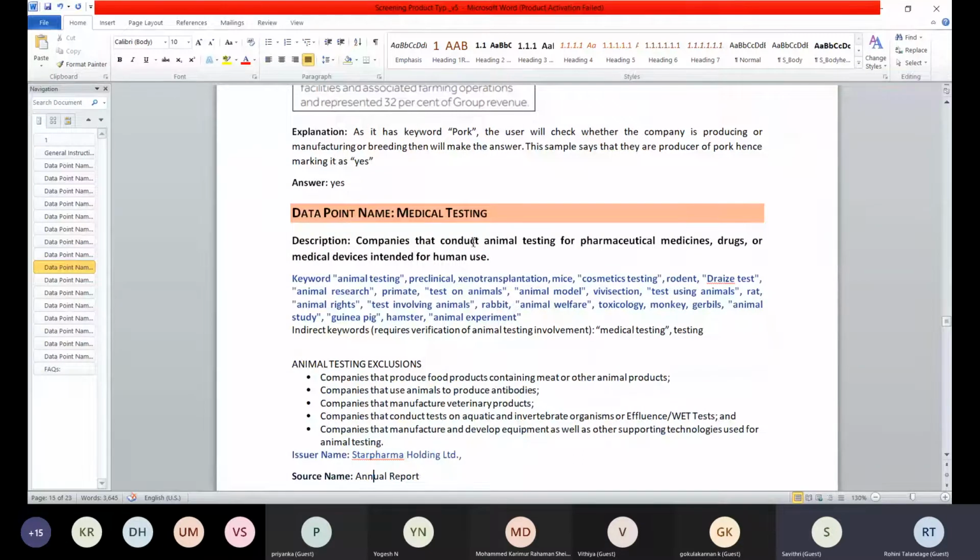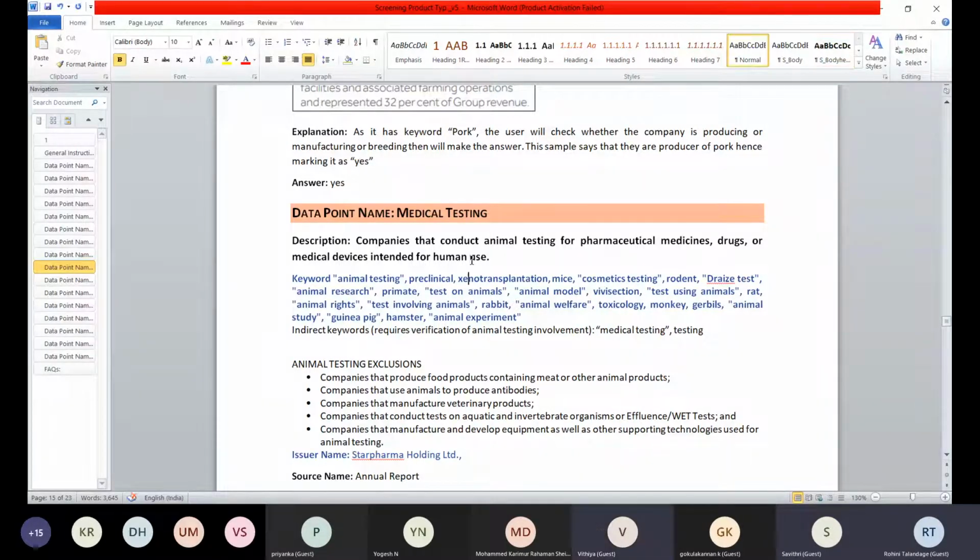Next data point is medical testing. So companies that conduct animal testing for the pharmaceutical medicines which will be used for humans. They will make some testing if they are producing any medicines or anything, they will do testing on animals first, and then that will be available for human use, right?